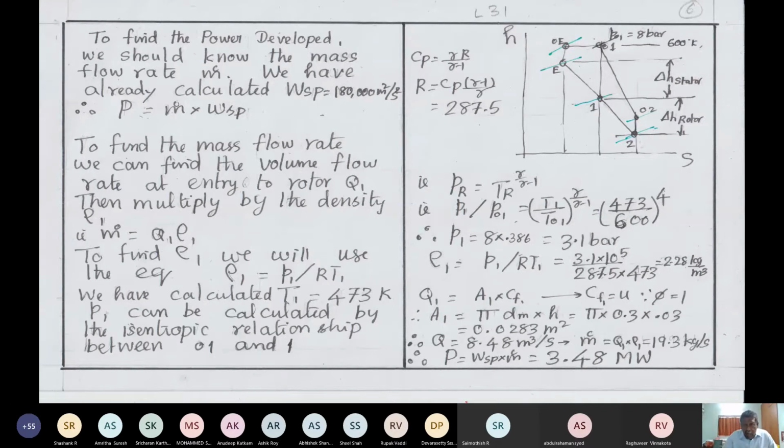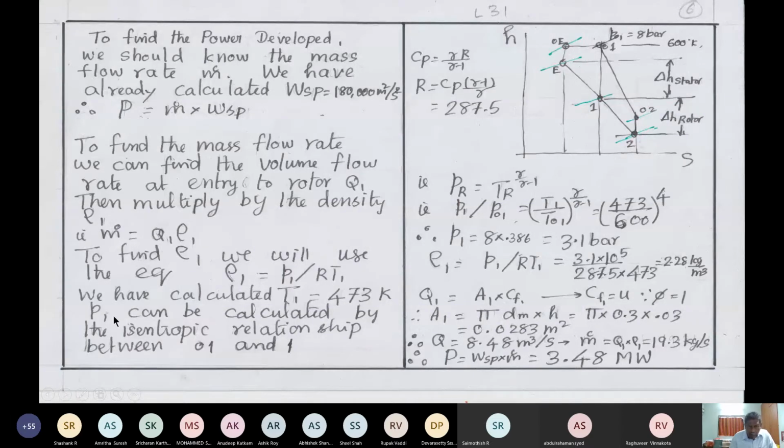See, R value we can calculate also like this: Cp is equal to gamma R by gamma minus 1. You are given Cp about 1150. Then gamma is 1.33, so R is Cp times (gamma minus 1) by gamma. That comes to around 287.5 joules per kgK.